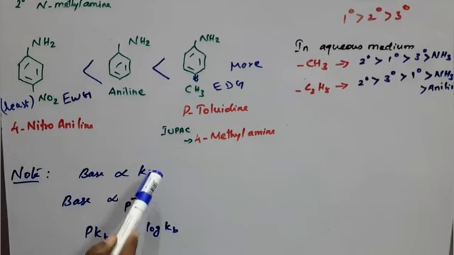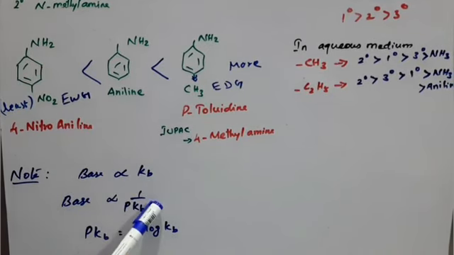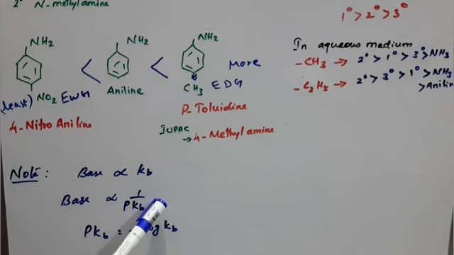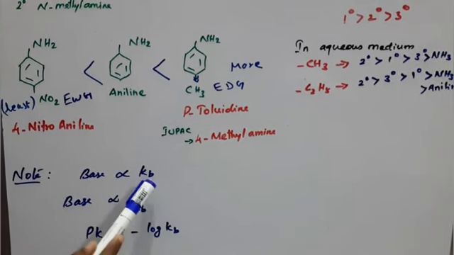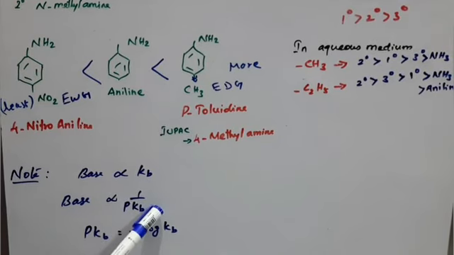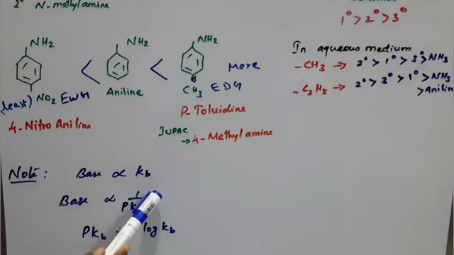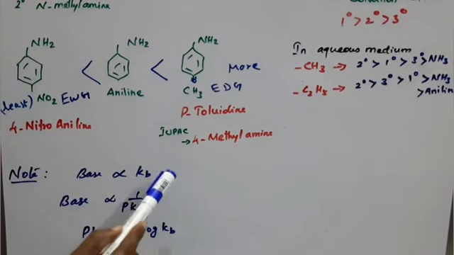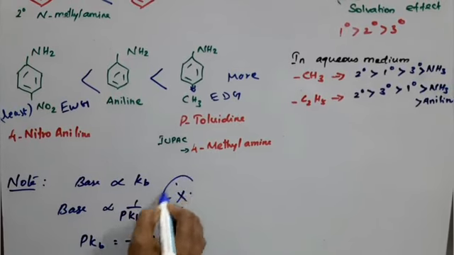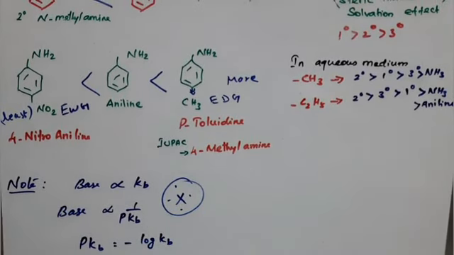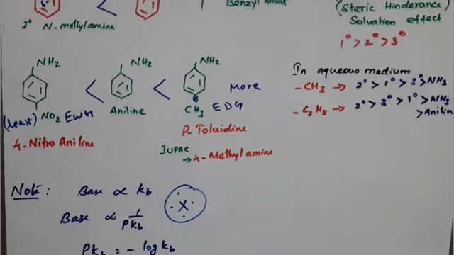So the larger the Kb, the smaller the pKb, and the stronger would be the base. If the value of Kb is larger and the value of pKb is smaller, then the base is a strong base. Okay, keep it in your mind, this is a 1 mark question. So that's all, children, for the base character of amines.